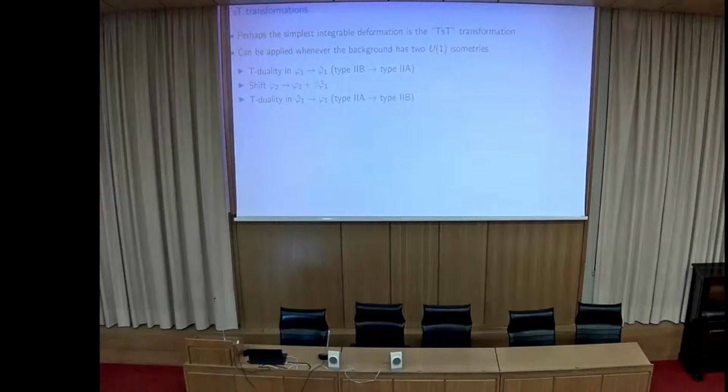Then the TST transformation is a combination of T-duality in the coordinate phi1, where you go, for instance, from type 2B to type 2A. Then in the dual theory, you do a shift of the other coordinate with some parameter beta that involves the T-dual coordinate phi1 tilde. And then one T-dualizes back to type 2B, doing the T-duality again in the coordinate phi1. In general, this maps supergravity solutions to supergravity solutions.